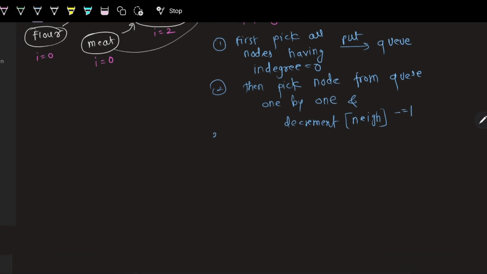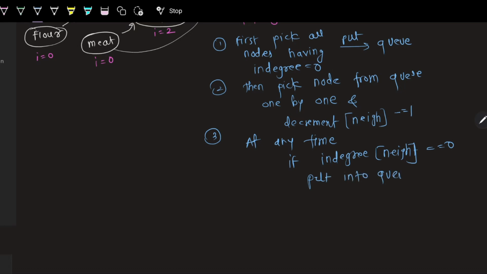So 1 is written, and at any time if the in degree of a neighbor becomes 0, put it into the queue. Correct? This is what we want.